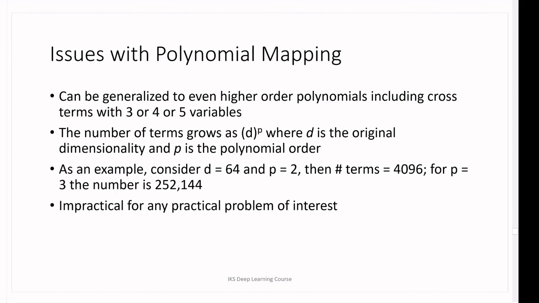And if you take it to a third order polynomial, then the number of terms is going to be 252,144. Obviously, these numbers are impractical for any practical problem of interest. So the idea of polynomial mapping is nice, but it does not work for real practical problems.